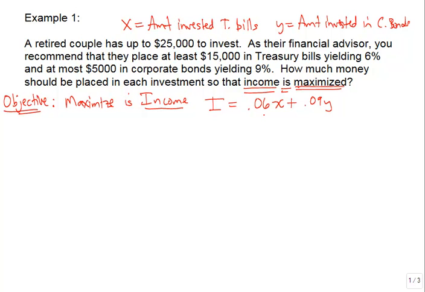What we want to do next is come up with what we call constraints. These are like your restrictions on what has to be maintained in this problem. So what are a couple of things that we know? Well, the very first sentence tells us that the couple has up to $25,000 to invest. Remember that X and Y represent the total amount of money that you have to invest in these two different types of bills and bonds.